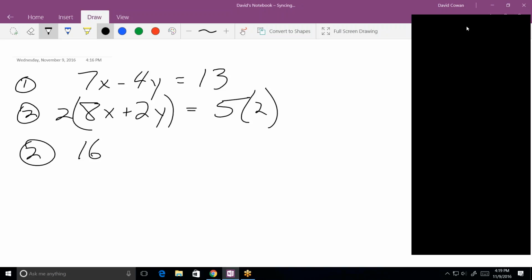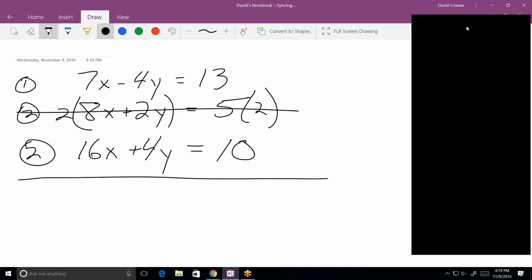So first of all, let's rewrite equation 2. Remember, I have to multiply every term by 2. Let's draw a line through that so it doesn't confuse us. Now we have two equations, and if I add them together, a variable gets eliminated. So what would I have?